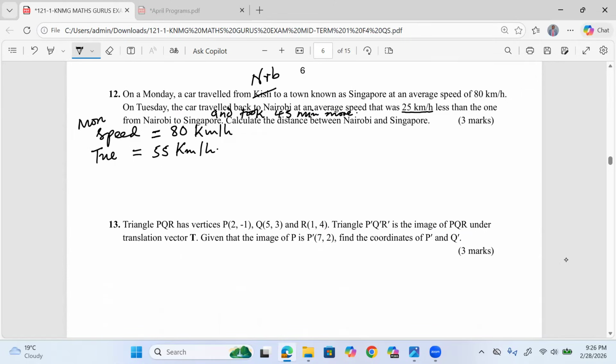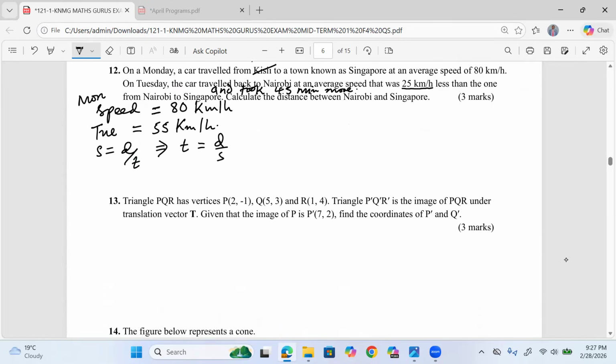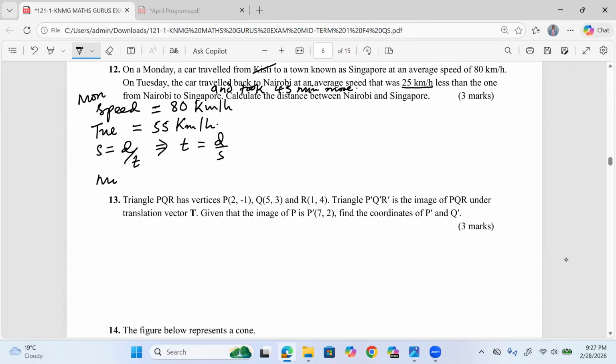So we are now saying these are two different speeds. There is a certain distance somewhere. Speed is given by distance out of time, so time as an expression is given by distance out of speed. Monday time, as an expression, shall be the distance out of the speed of 80. What about the Tuesday time?